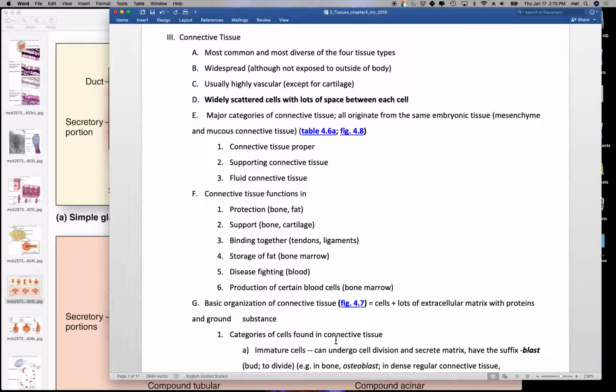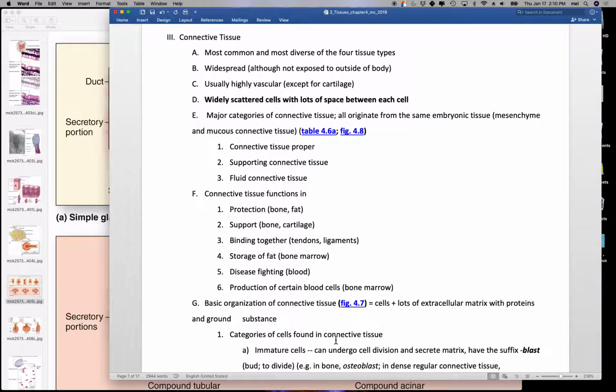So the question that comes up is, why do all of those weirdly different tissues fit into the same category? And although this doesn't particularly help you, at least it might tell you why. The reason that they all fit into the same category of tissues is because they're all derived from the same embryonic tissue. That embryonic tissue, we'll look at it next time.